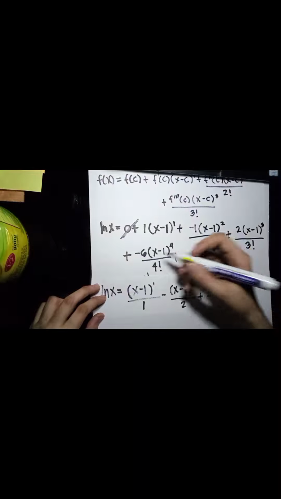So this will be x minus 1 raised to 3 divided by 3, plus 6 divided by 4 factorial, so this will be cancelled too. So this will be equal to x minus 1 raised to 4 divided by 4.